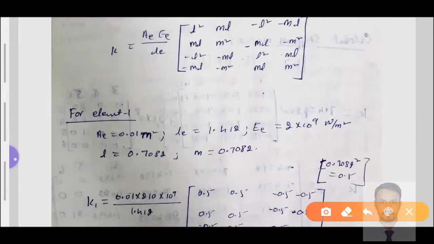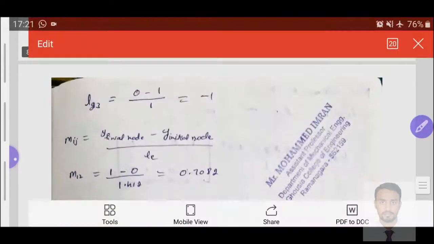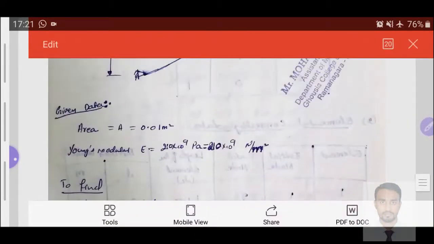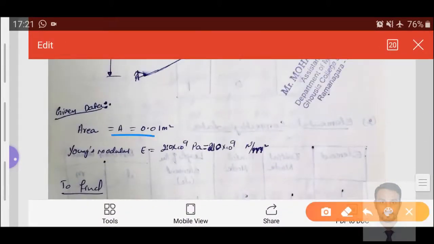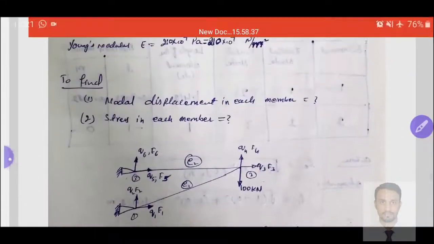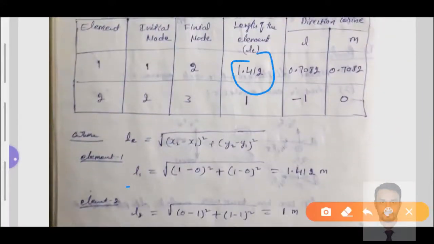To get that, the area of cross section is given in the data as 0.01 meter square, and LE. So we need to get this area of cross section. That is given data. See here, we have taken the given data, and Young's modulus is given data. Then the length of the element, we have found in a tabular column by using this equation.